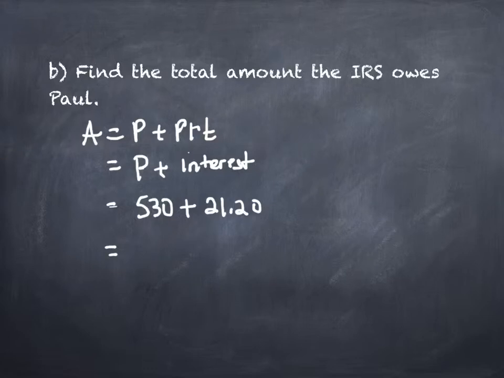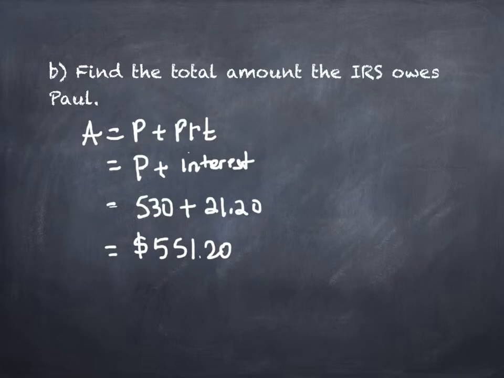So we get that the total amount they owe Paul is $551.20.